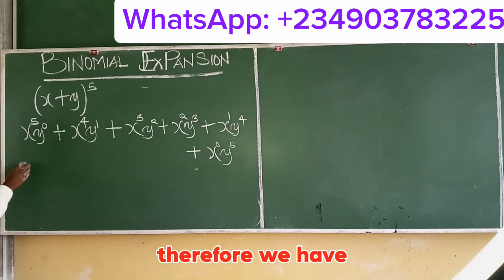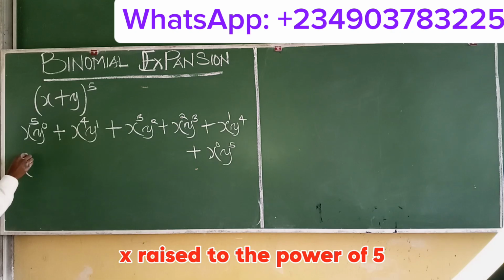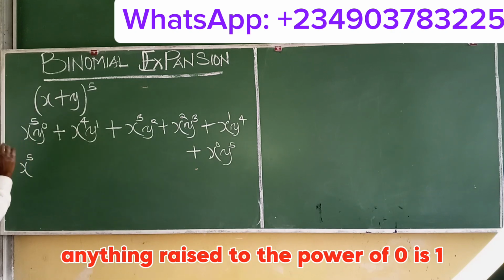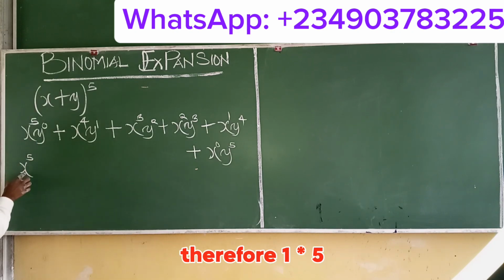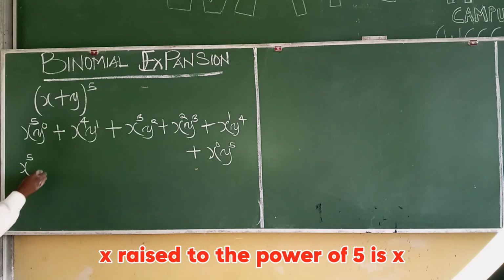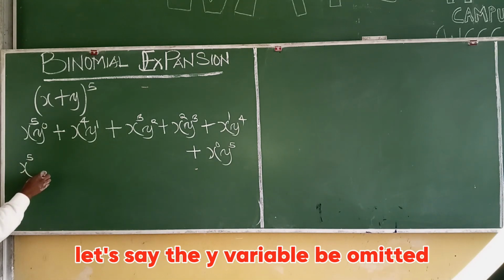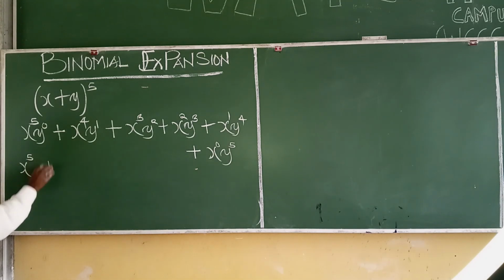Therefore, we have x raised to the power of 5, since anything raised to the power of 0 is 1, 1 times x to the power of 5 is x to the power of 5, and the y variable is omitted.